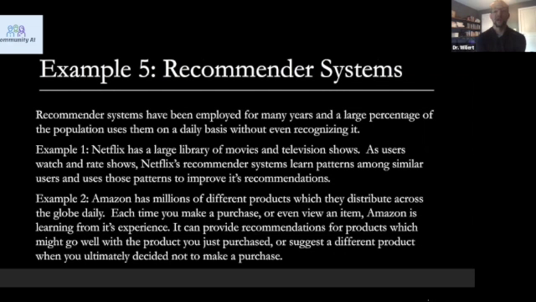And example 5, the final example tonight, is with recommender systems. So this is something, again, that you use probably almost every day. So the first example is Netflix. They've got a huge library of movies and television shows. And as a user, for example, myself, watches and rates shows, it learns the patterns of what I like and what I don't like.